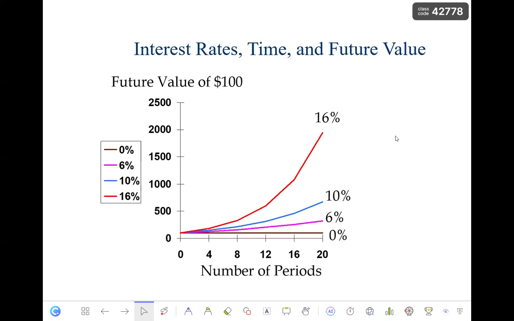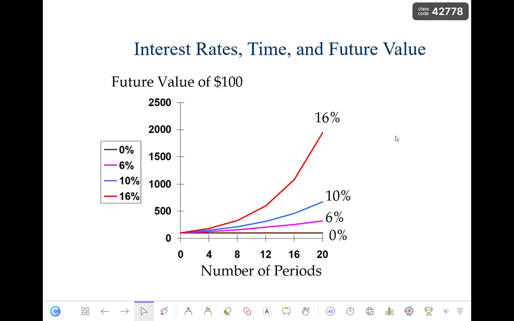And if you were just to tell me the difference between 10% and 16%, it really doesn't sound big, but we can see on the graph that there's actually a significant difference. One of the reasons is that exponent in the formula. So remember, exponents make things grow more quickly. And so the exponent over periods is going to be a big factor.